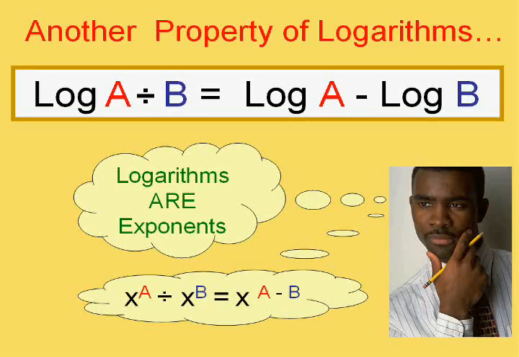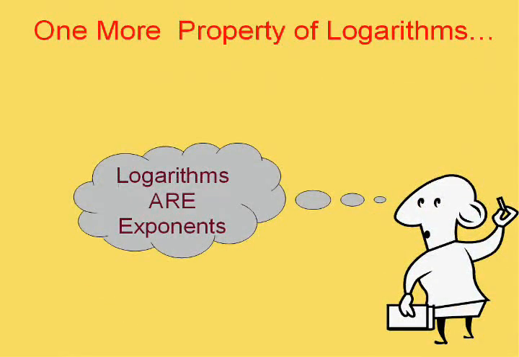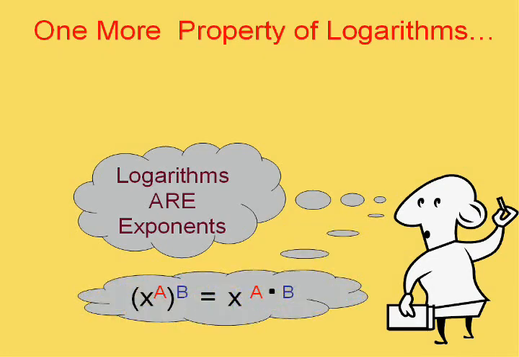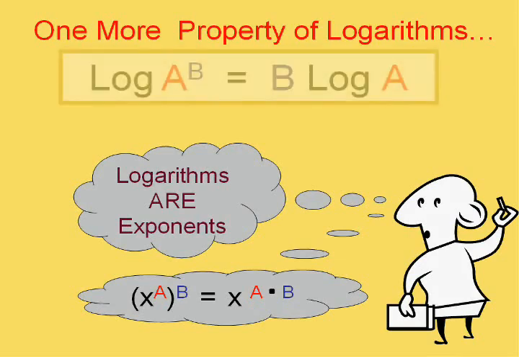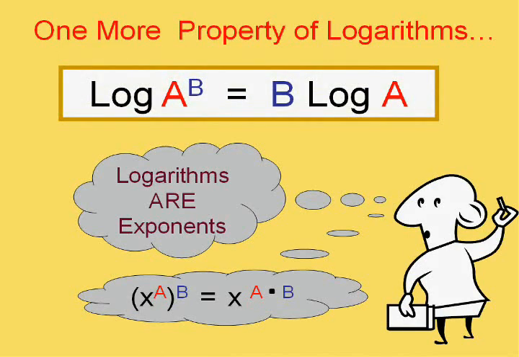And finally, we have one more property of logarithms. Since logarithms are exponents, when you exponent an exponent, we end up multiplying them, don't we? Well, when you exponent a logarithm, you end up multiplying them.